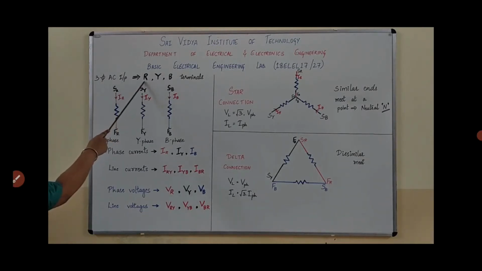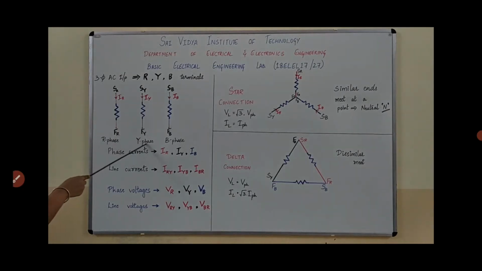Input has three terminals. They are R, Y, B indicated with color difference. So the current from R phase will be fed to the R load, then next to the Y load and B load.